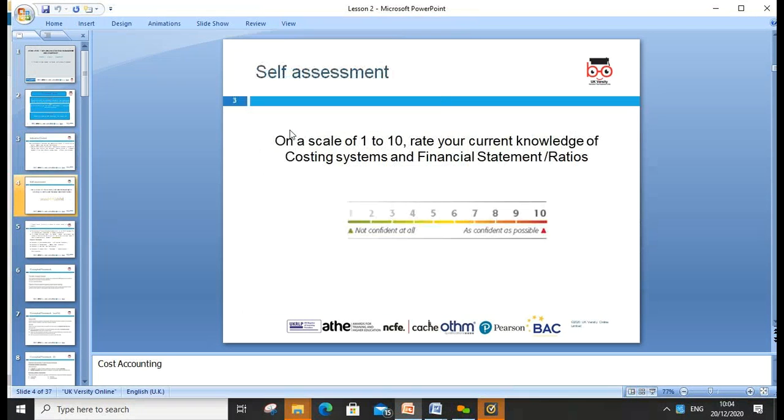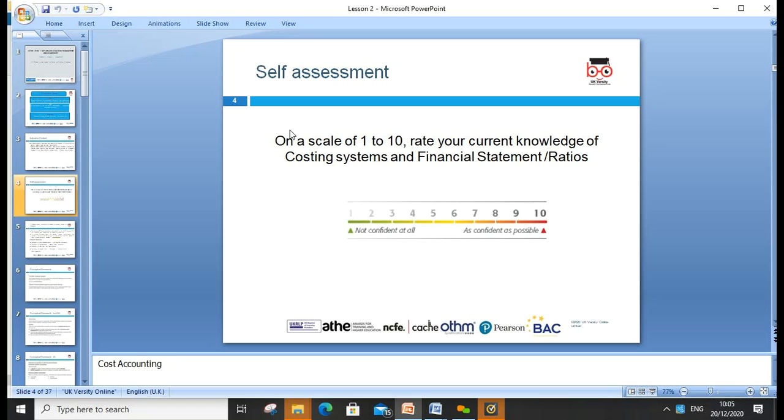Okay. Please reflect, what is your current knowledge about financial statements and ratios? How much do you know? If you reflect on a scale of 1 to 10, how much do you know? What do you think? Scale 1 to 10? Yes, the cost system we learned yesterday, which I mentioned to you, and today we are doing financial statements and ratios.